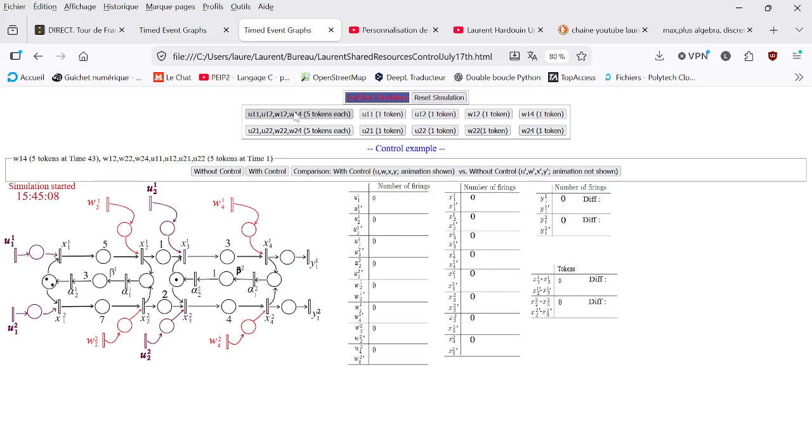Here I have tokens, and I can simulate to see the behavior of the system when I have many parts in each. I represent with a black circle when there are a lot of tokens inside.